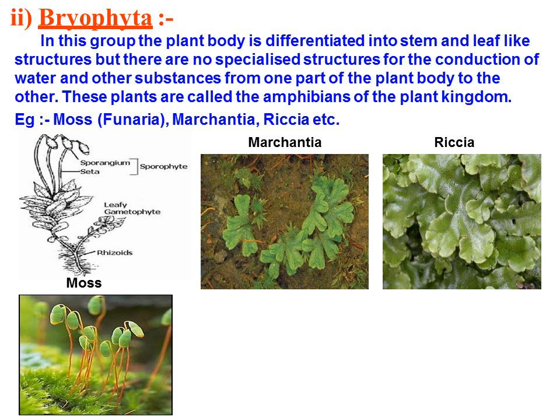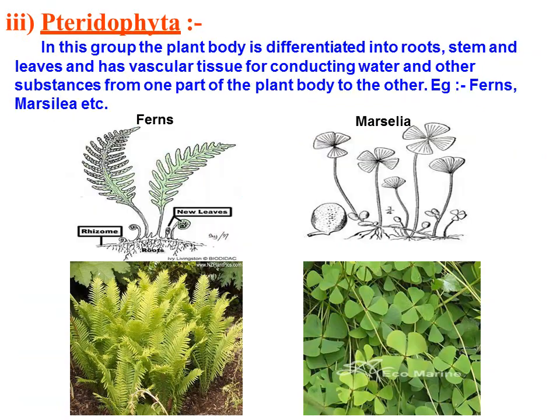So these are all examples of bryophyte plants. Then let's move to another part, that is pteridophyte. In this group, the plant body is differentiated into roots, stems and leaves, and has vascular tissue for conducting water and other substances from one part of the plant body to another.